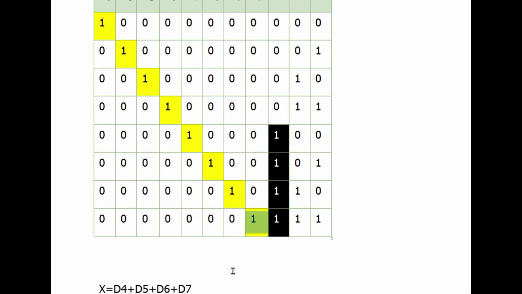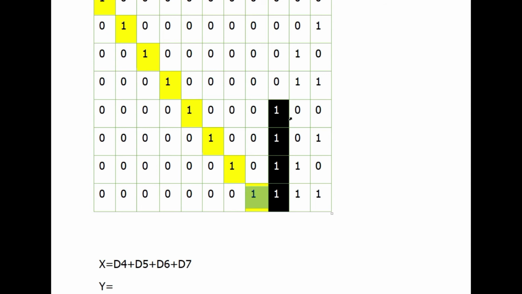So X can be written as receiving 1 because of D4 or D5 or D6 or D7. We already said any one input only receives 1, the remaining inputs are 0. So X = D4 + D5 + D6 + D7. This is the simplified expression for X without needing a K-map.